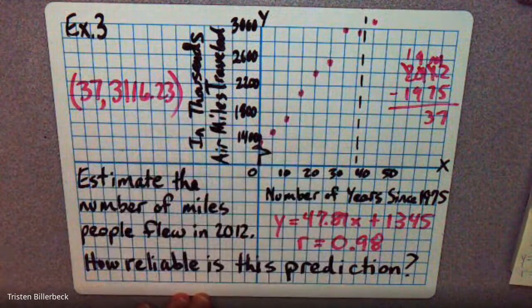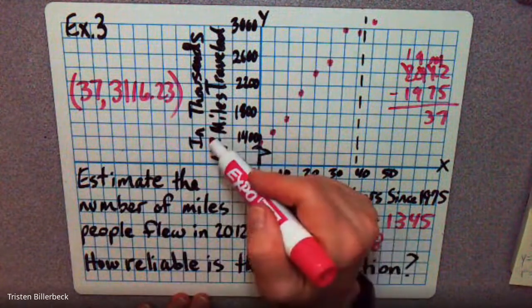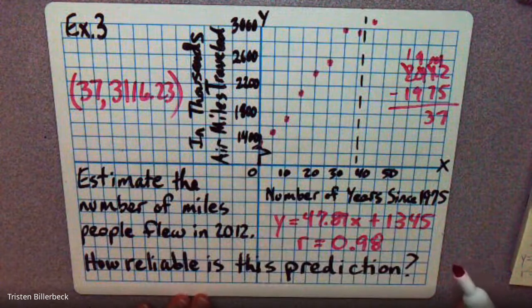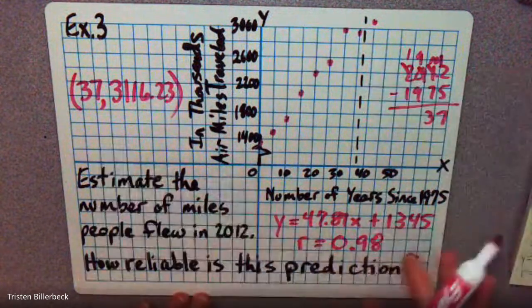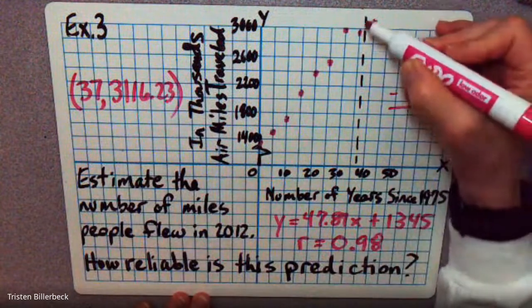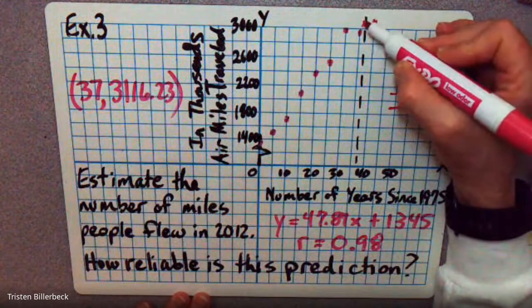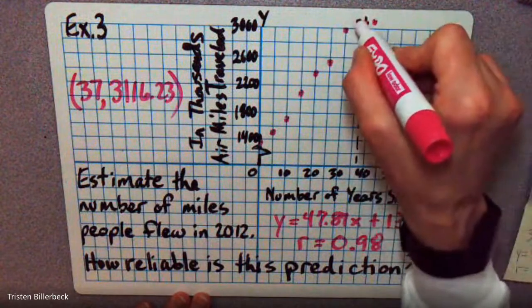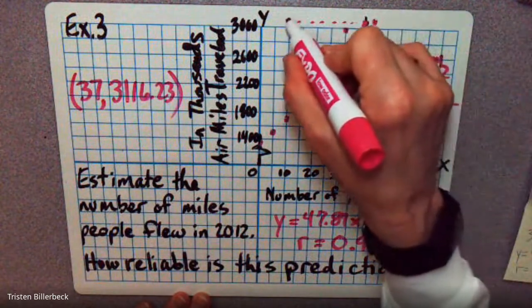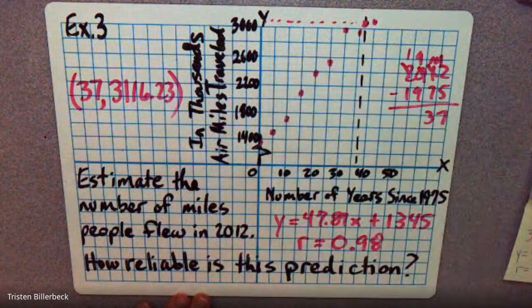Okay, so we get that, but this is thousands of miles. So if you didn't use this in your actual estimate, you'd find it to be right about here, a little above 3,000.